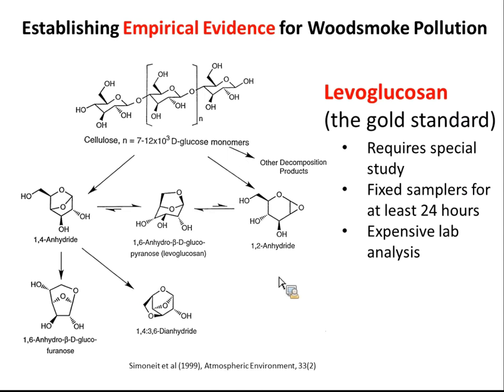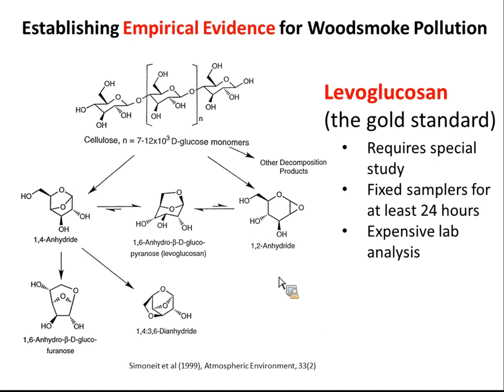In terms of generating harder evidence about wood smoke and its impacts in any particular area, probably the gold standard method is to measure levoglucosan concentrations. This is a byproduct of the pyrolysis of cellulose. So when temperatures are quite high, over 300 degrees, levoglucosan will get created when cellulose burns.